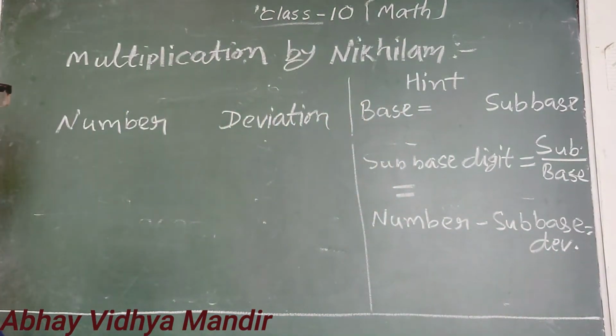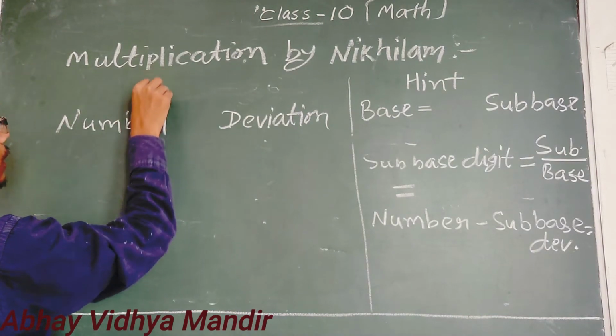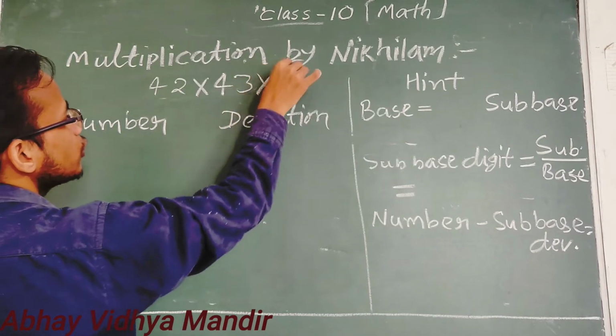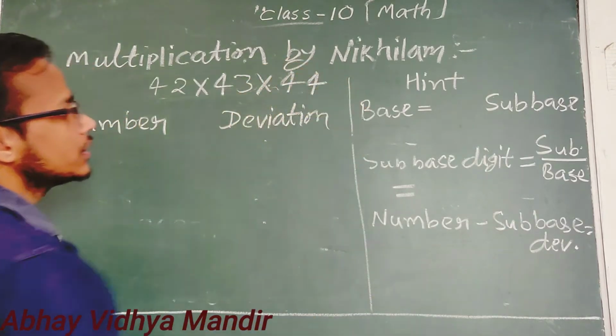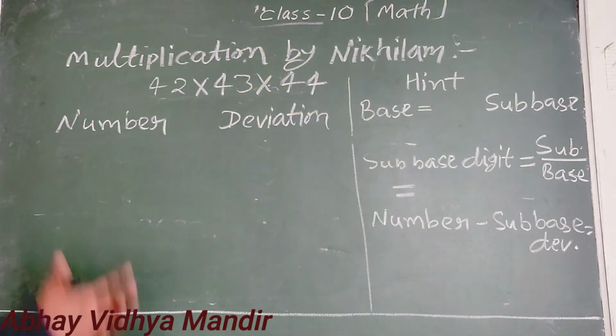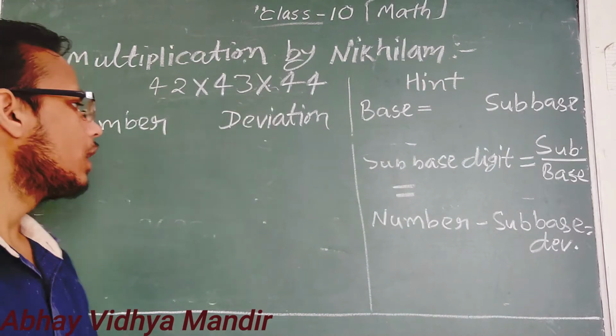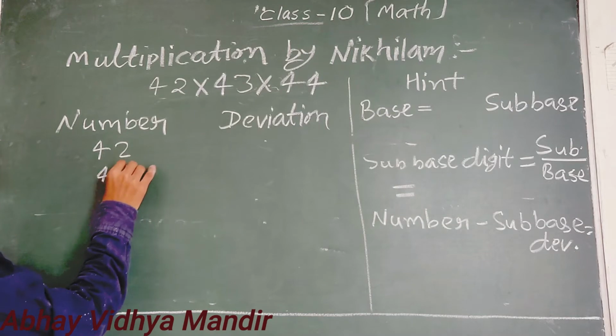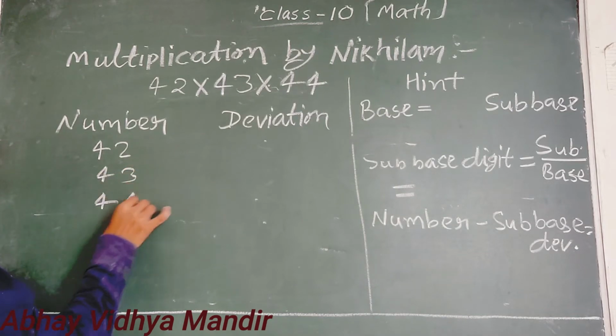If the numbers are 42, 43 and 44, like that, and we are to multiply three numbers. So the numbers are what? 42, 43, 44.